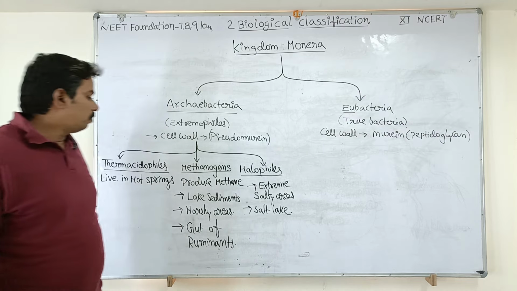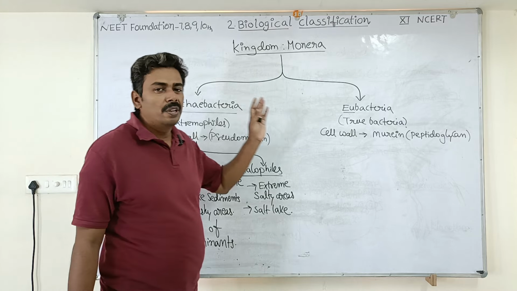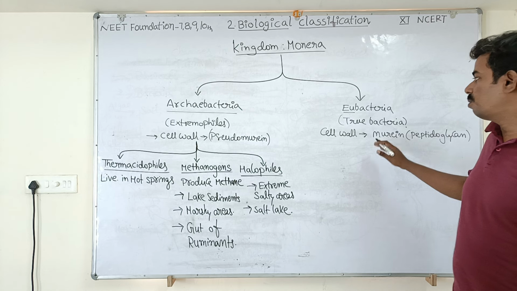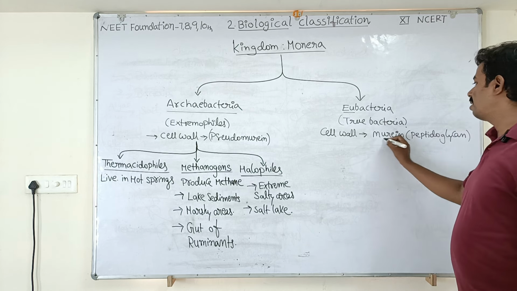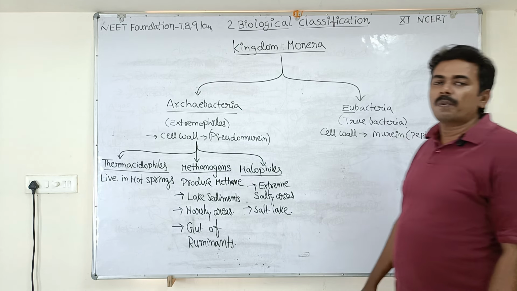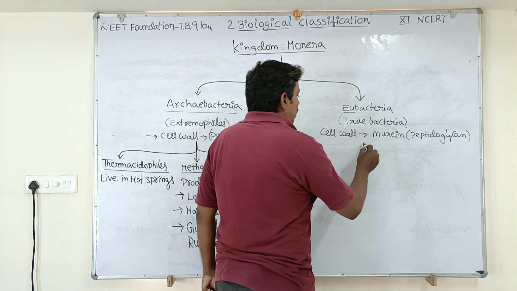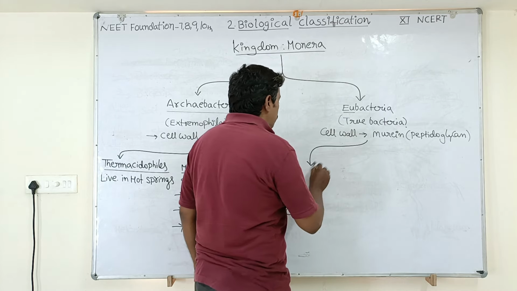Okay. Now let us move on to eubacteria. Eubacteria are also called true bacteria and they have a cell wall material called murein, otherwise called peptidoglycan. Eubacteria can be classified into the following groups.